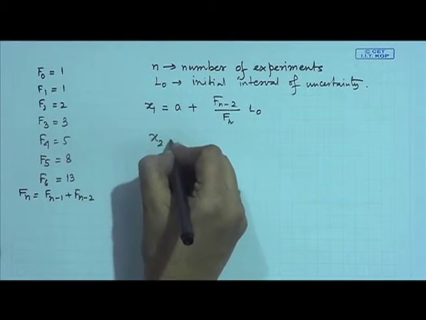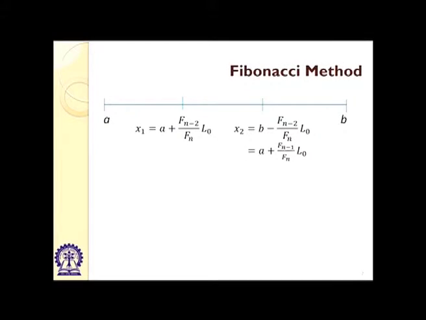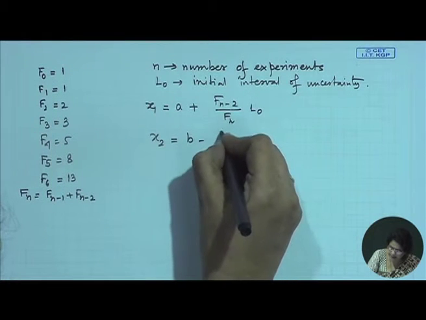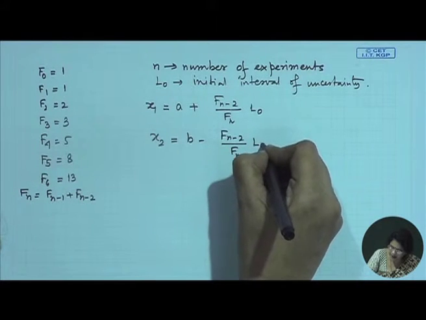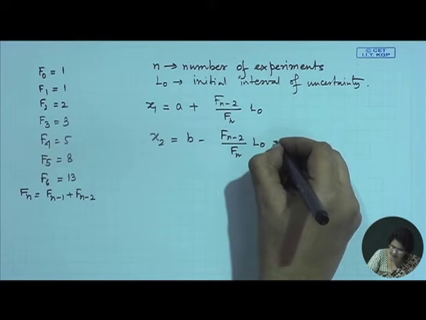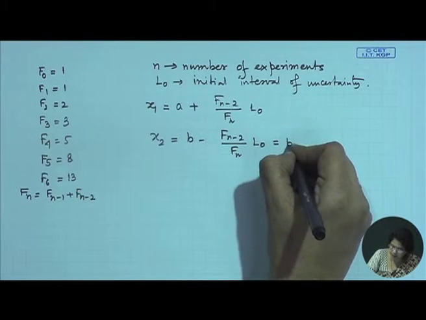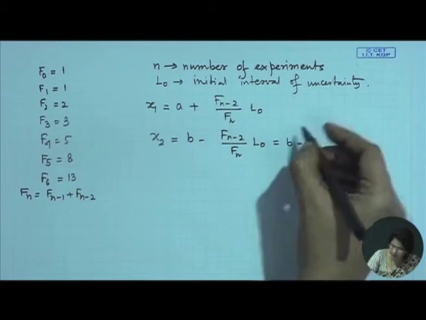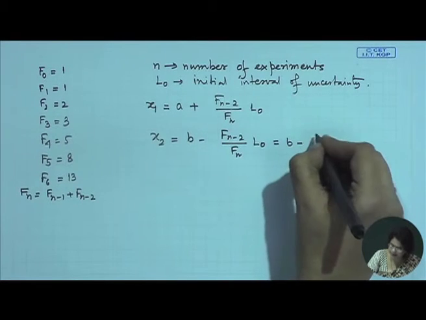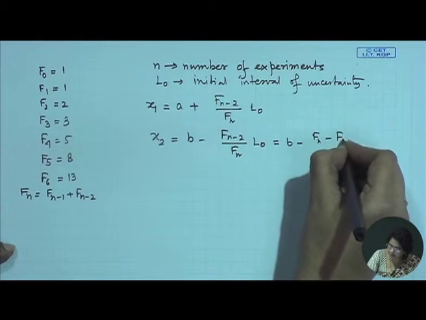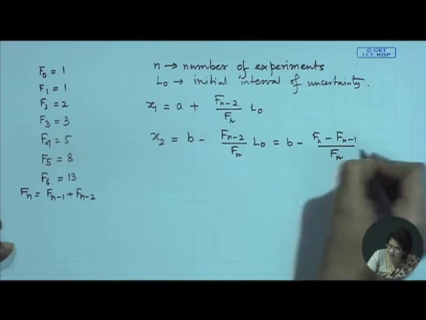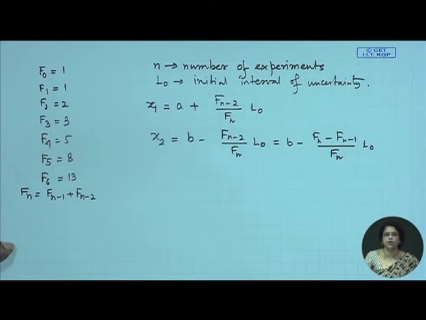I will find x2 is equal to b minus Fn minus 2 by Fn L0. That can be written in another way. Just you see, b minus Fn minus 2 can be written as Fn minus Fn minus 1 divided by Fn L0, because we know that Fn is equal to Fn minus 1 plus Fn minus 2.